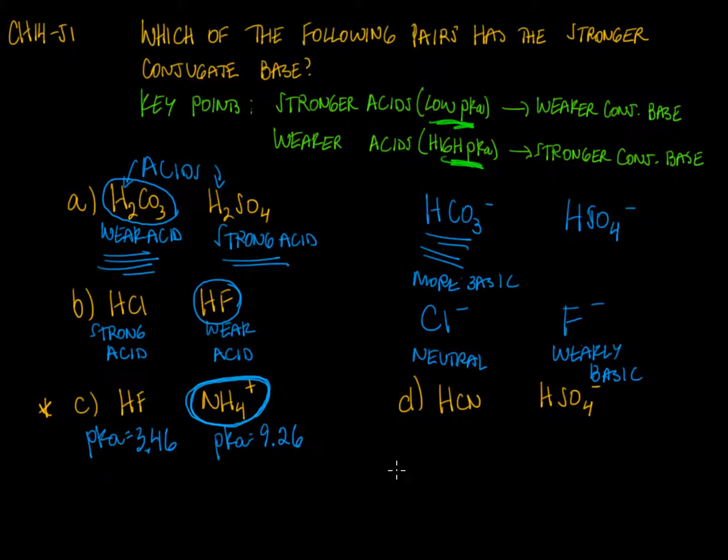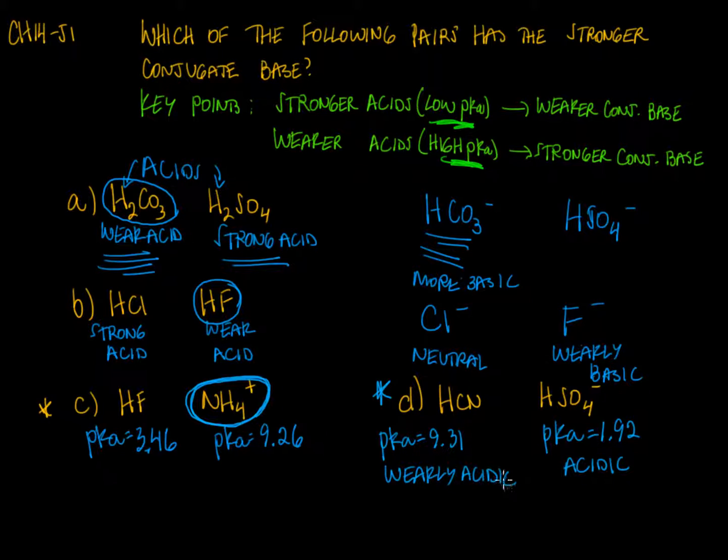Let's also work with pKa's in our next problem here. They also say refer to Table 14.1. HCN has a pKa of 9.31, and HSO4 minus has a pKa of 1.92. Wow, that's low. This is very acidic, much more than this, and this is weakly acidic.